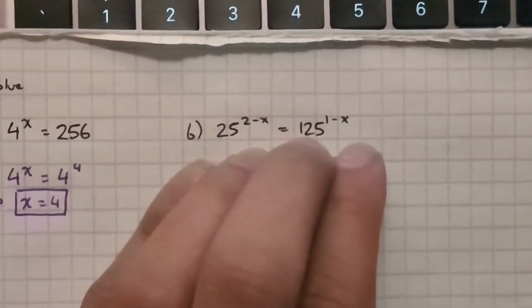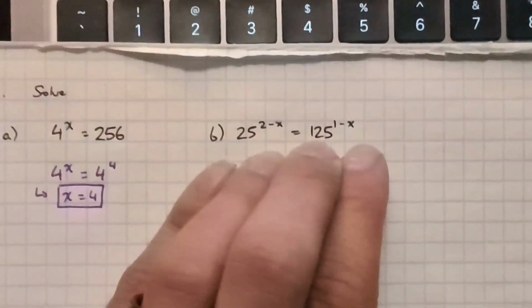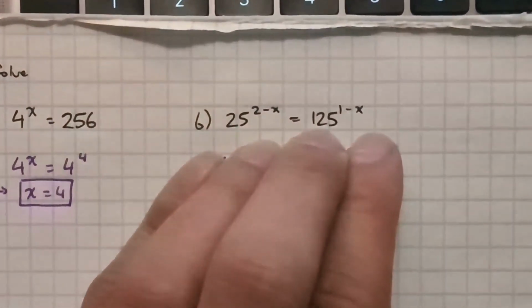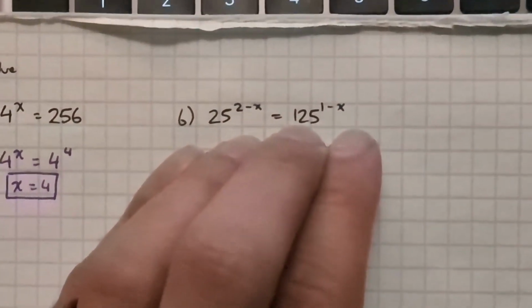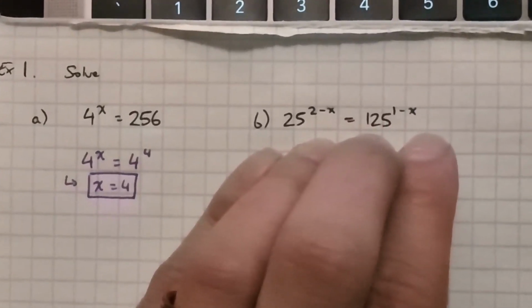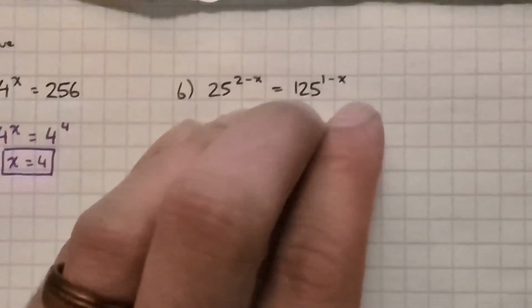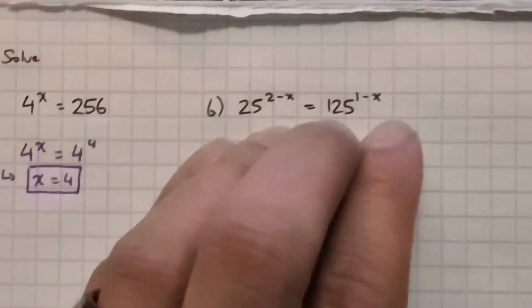The second question here, 25 to the power of 2 minus x equals 125 to the power of 1 minus x. There's no easy way to write the bigger number 125 as 25 to the power of something. Not that it's impossible, but it's maybe not obvious.